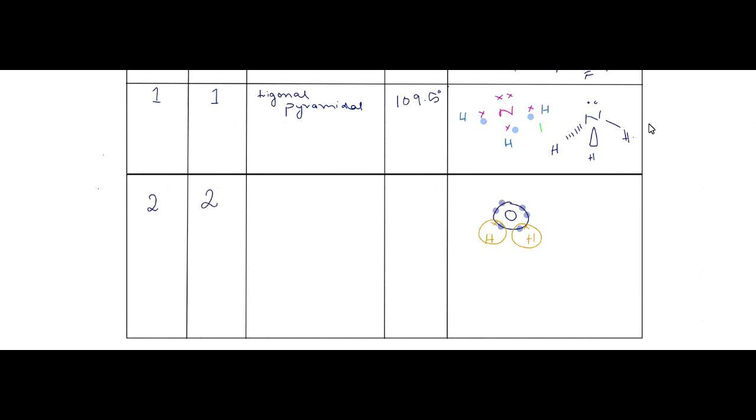The molecule will try to arrange itself in such a way that the lone pairs of electrons are as far away from each other as they possibly can be. Again, the lone pairs cannot just go on opposite sides because the bonded pairs of electrons are also present.